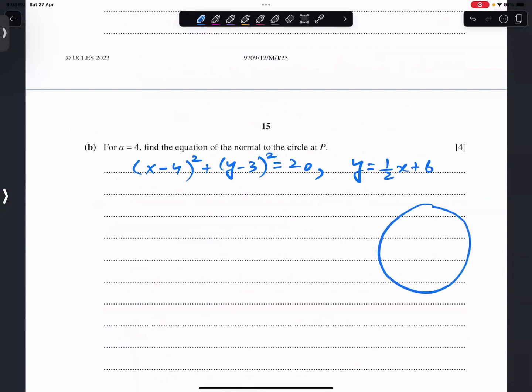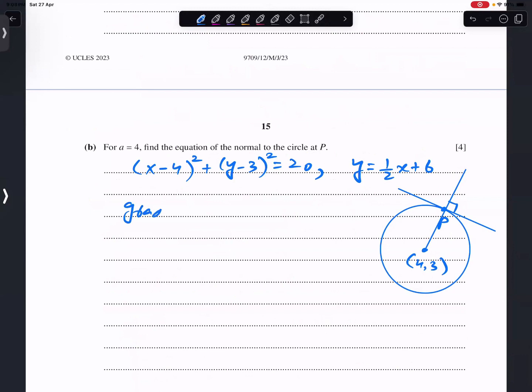So let's say this is my equation of circle and this is point P. So this will be your tangent. Now they are asking us to find this normal line. The center is given, the center is actually (4, 3).